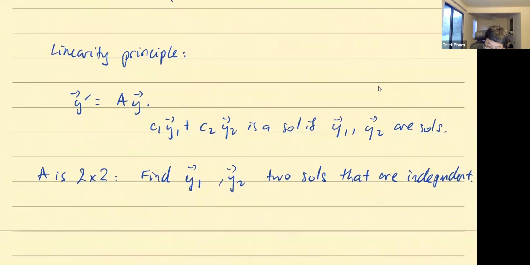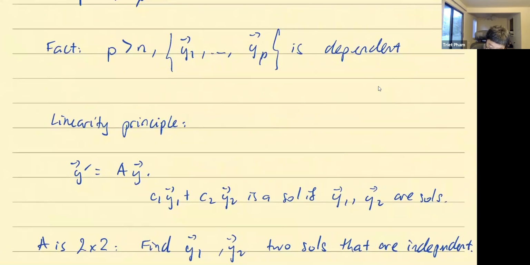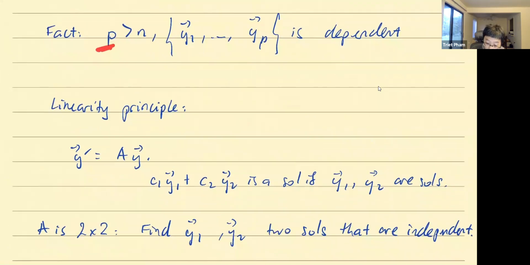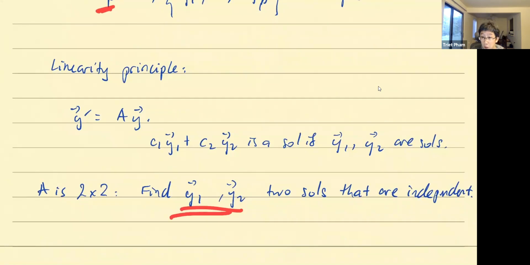But the point is this, that after you found that, then a linear combination of them is a solution. And by the observation above, you cannot find a third one, or you do not need to find a third one, because any third one will be dependent on the first two, because the dimension is 2.